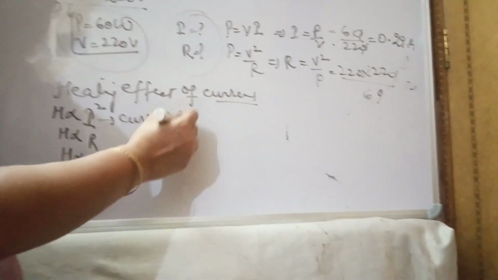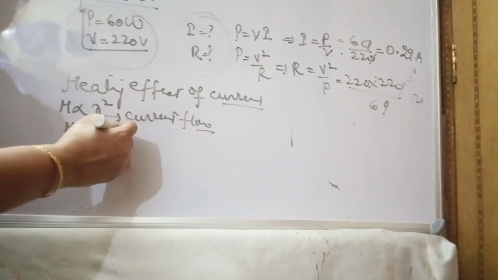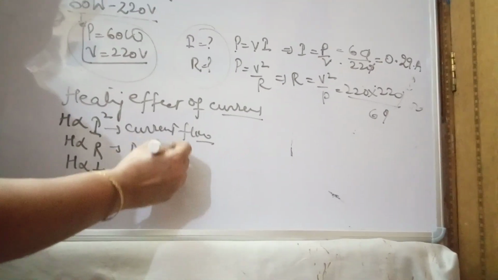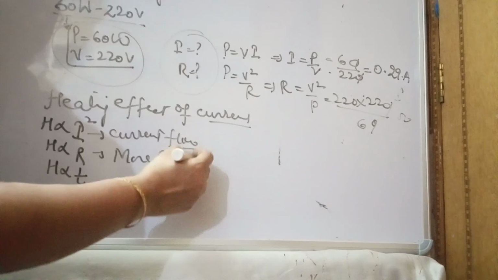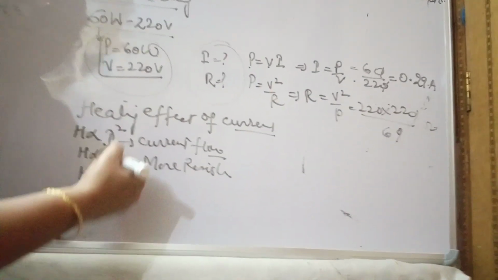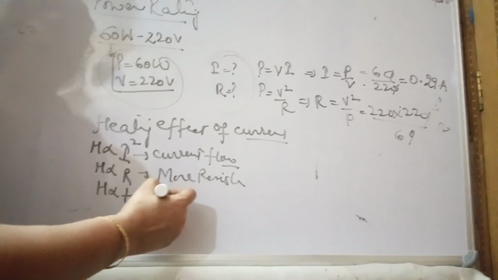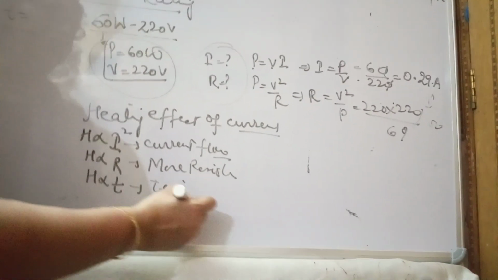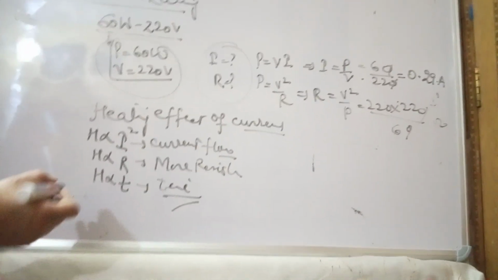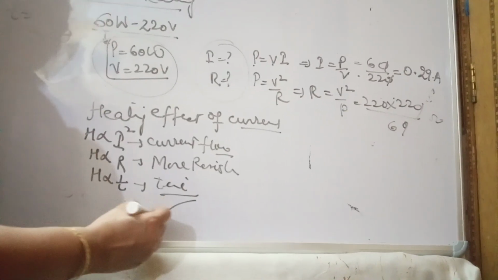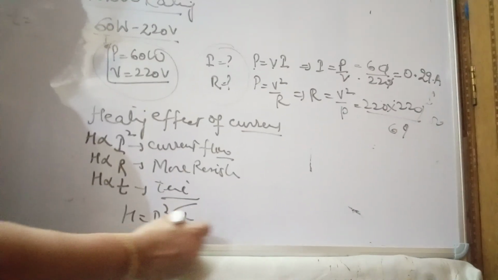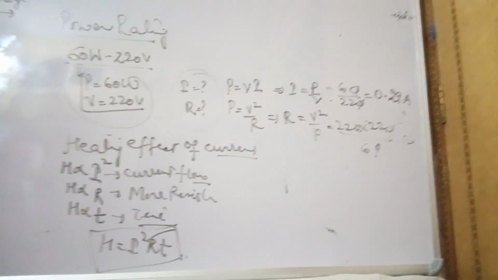More current flowing, more heating effect. More resistance, more heating effect. For how much time does that appliance work? More time taken, more heating effect. So this equation is called Joule heating equation. Remember this. This is all about this topic.